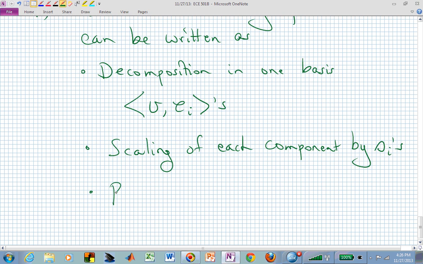And finally, we redirect that scalar in the direction of f1, f2, etc. So we now do this recomposition. We put it back into the space that it's returning to. We recompose in a different basis, which are these f sub j's.